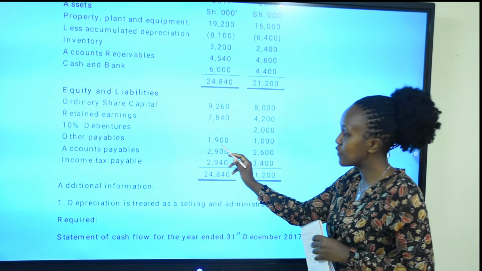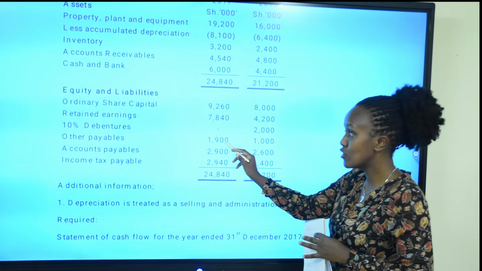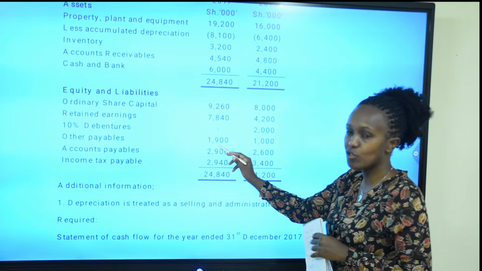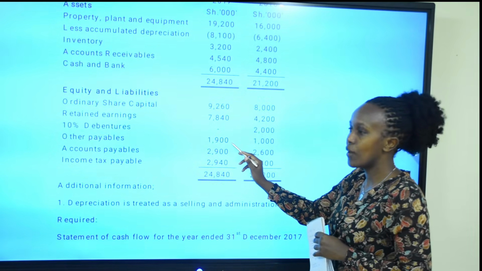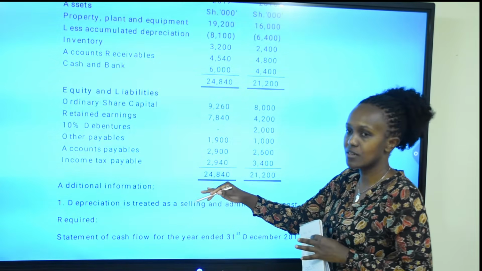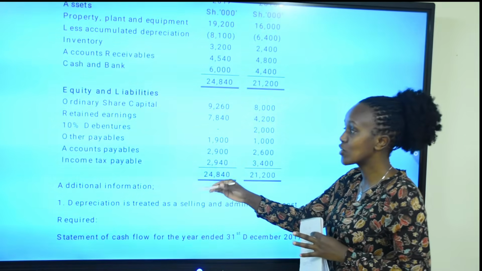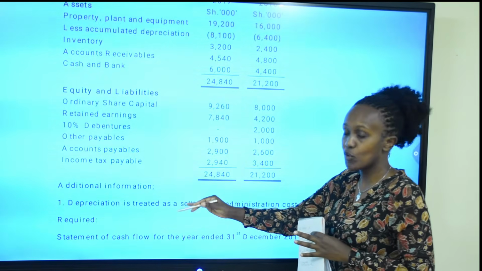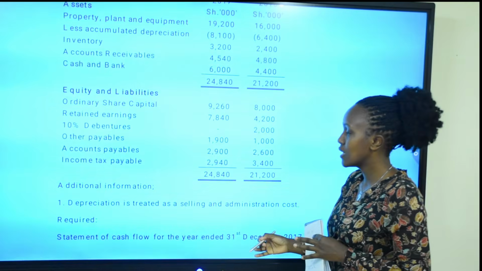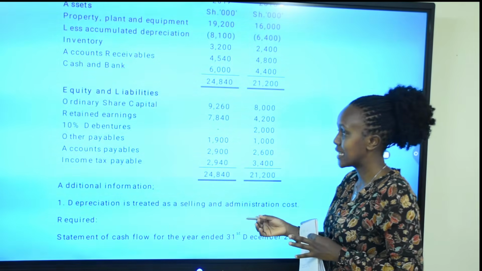The other payables have increased, meaning that we have continued to buy from suppliers without paying. Our amount borrowed by way of buying goods on credit or any other borrowing, because it's called other payables, means we have continued to borrow externally.